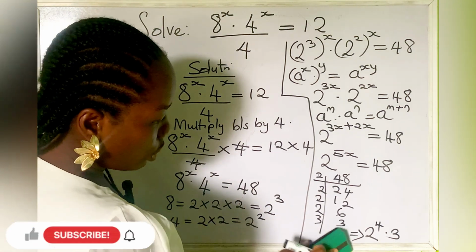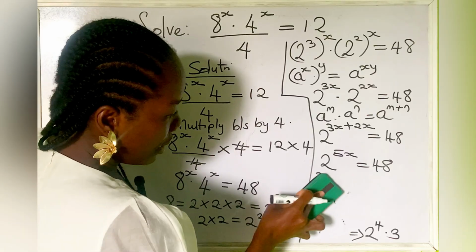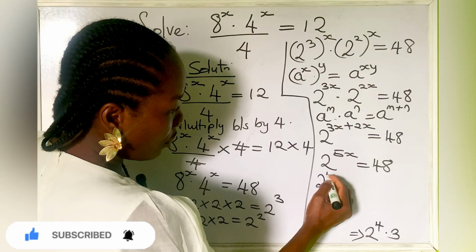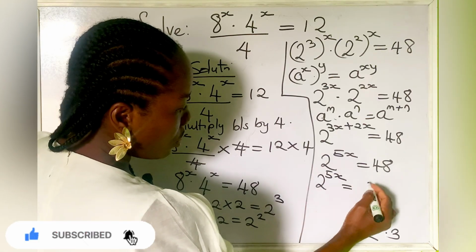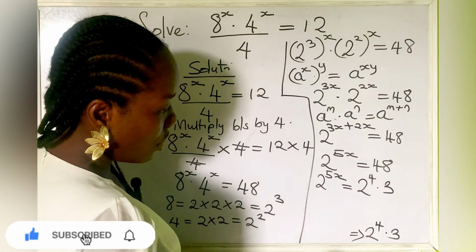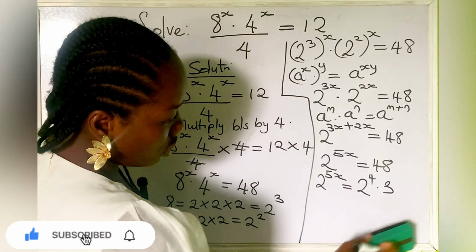Just watch closely and see what we are going to do here. So this becomes 2 to the power of 5x is equal to 2 raised to power 4 multiplied by 3. Now let's introduce logarithm here.